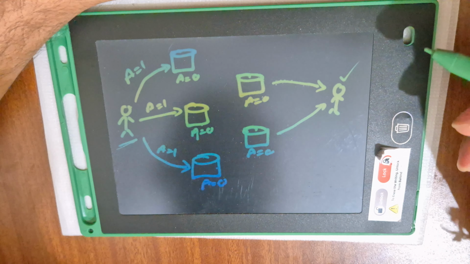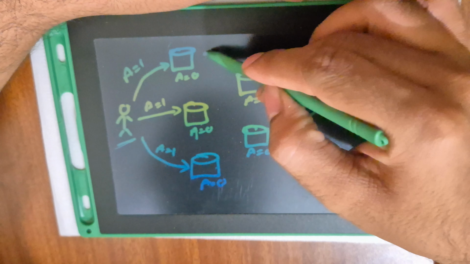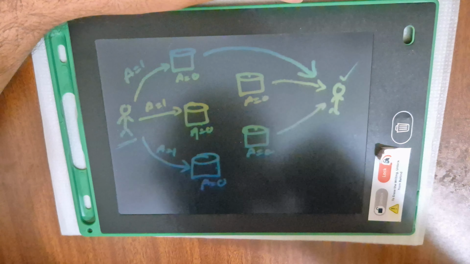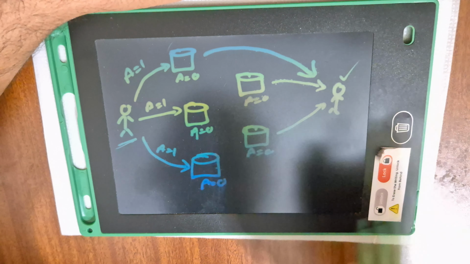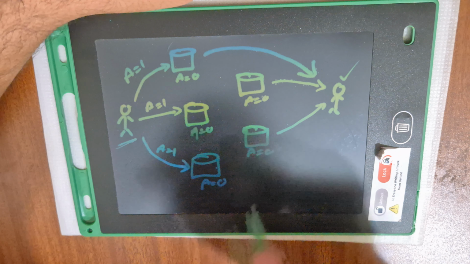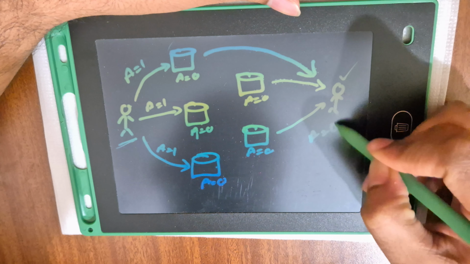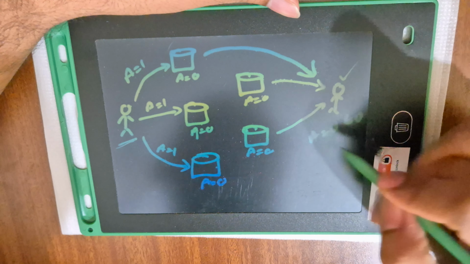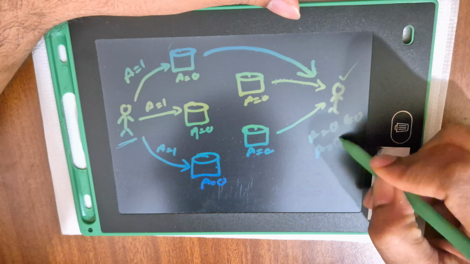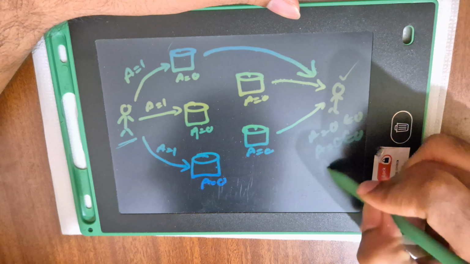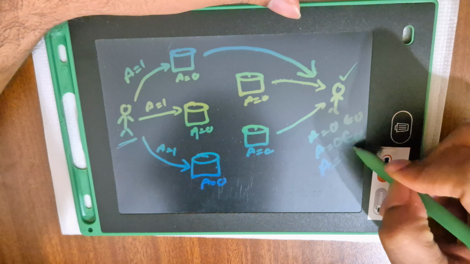What can be the solution? The solution can be that if this guy reads from 3 DBs and the writer also writes to 3 DBs, then he will get A equals to 0 with epoch 0 in two of them, but A equals to 1 with epoch 1 in the other.